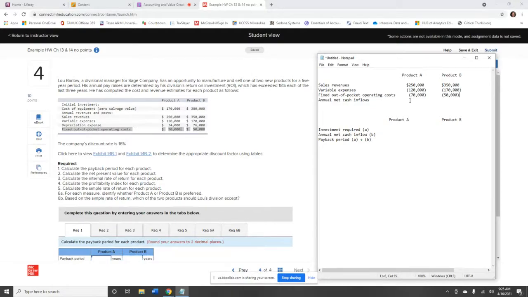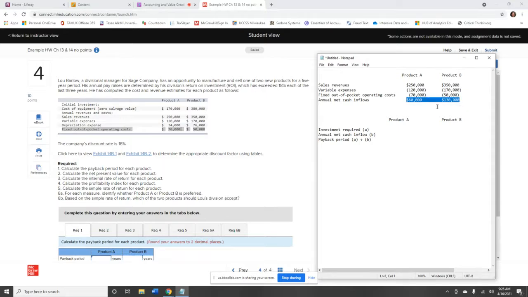All right, so our annual net cash flow for product A then is 250 minus 120 minus 70. So that's equal to 250 minus 190. So that's 60,000, right? And the same thing goes over here. So 350 minus 170 minus 50 equals 130. All right, so here's our cash flows, right?